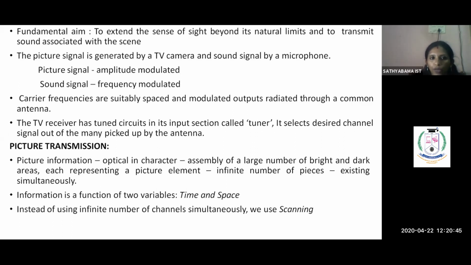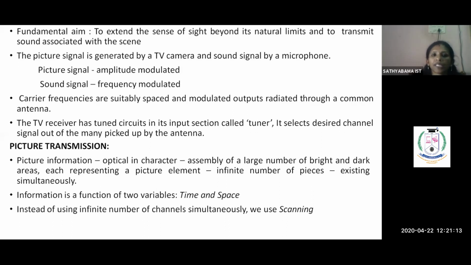So in the television system, we use an amplitude modulated signal for the picture and a frequency modulated signal for the sound. We know what an amplitude modulated signal and a frequency modulated signal are.